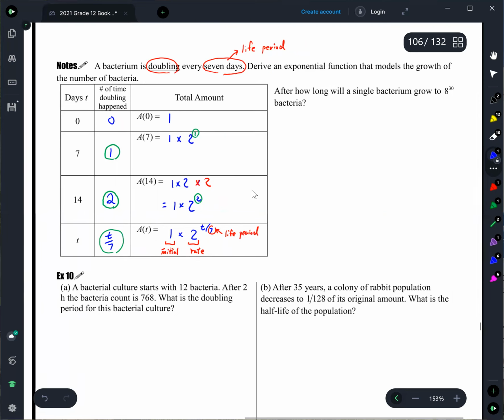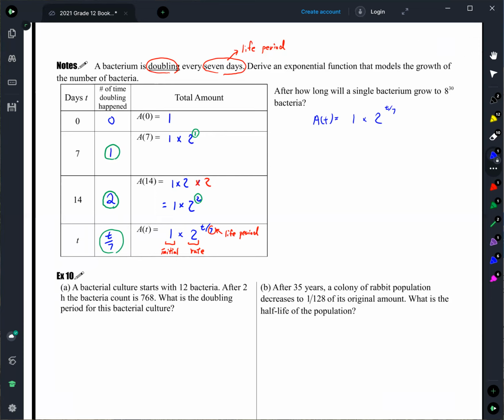Okay, so let's take a look at a question that has to do with this one. We already have the function, A of t is 1 times 2 to the t over 7. So the question is asking how long, so that's talking about time.